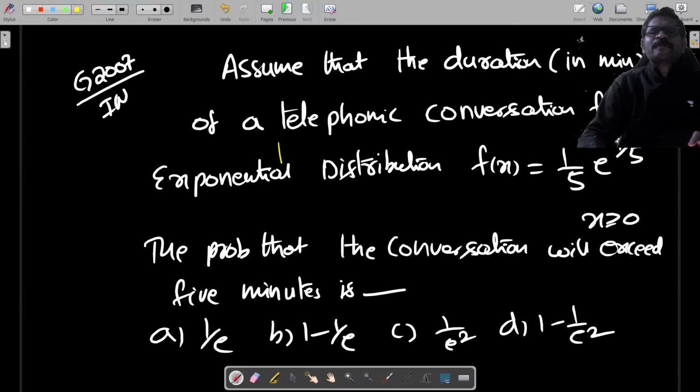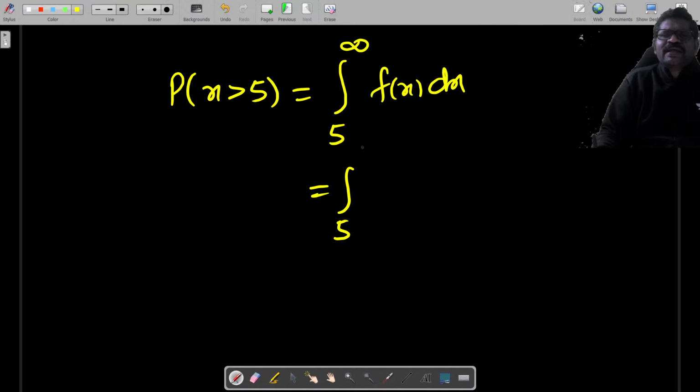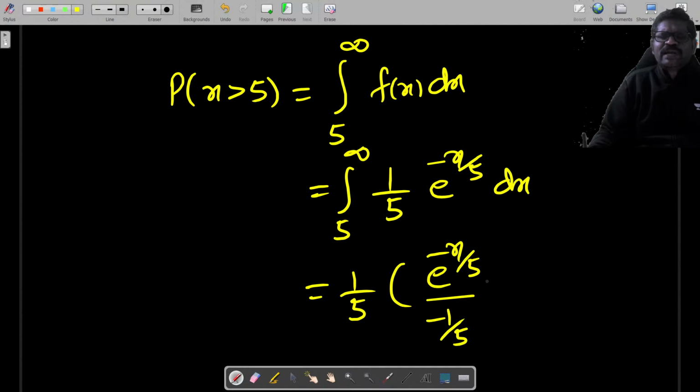So the integral from 5 to infinity of f of x dx, the integral from 5 to infinity of 1 by 5 into e power minus x by 5 dx, equals e power minus x by 5 divided by minus 1 by 5, from 5 to infinity.